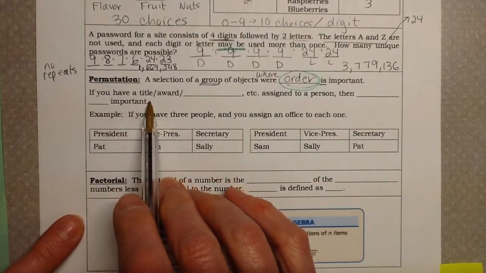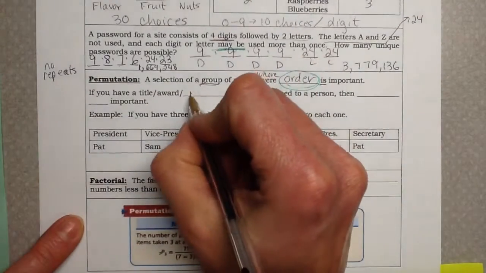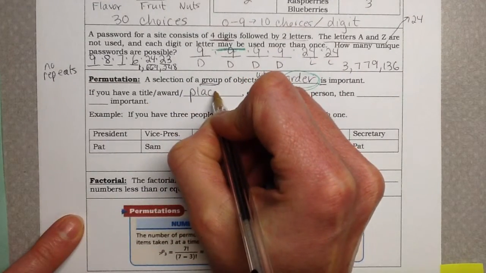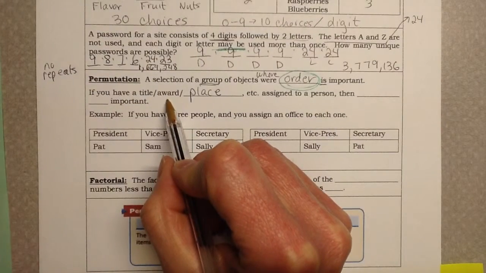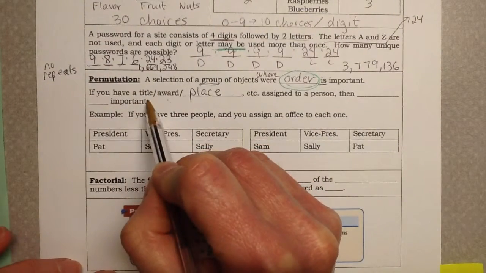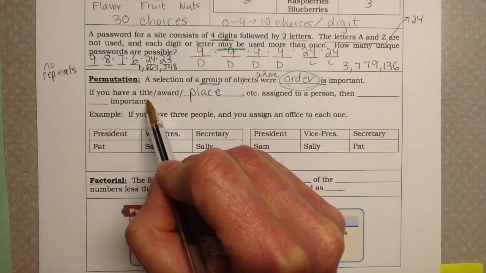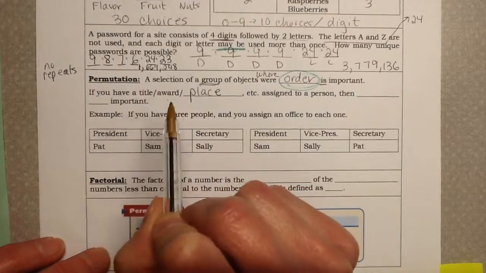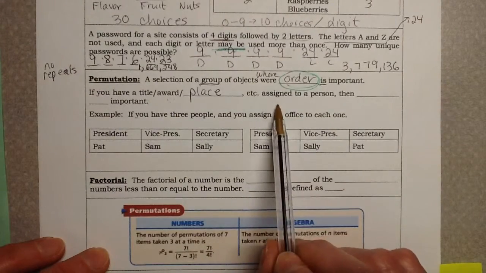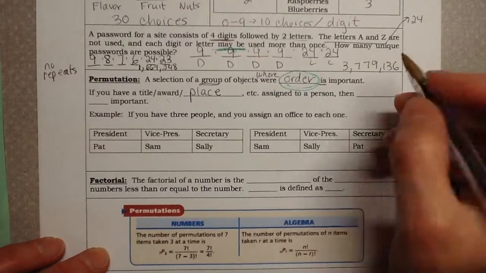If you have a title, an award, a place like first, second, or third, awards like best, worst, titles like president, vice president, anything that distinguishes one person or one thing from another, so it's assigned to a person, then order is important.